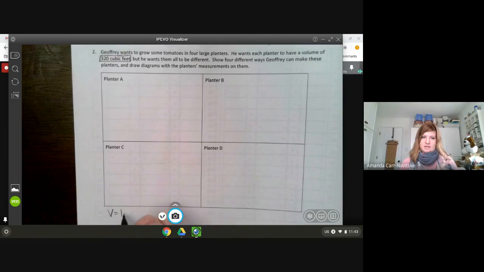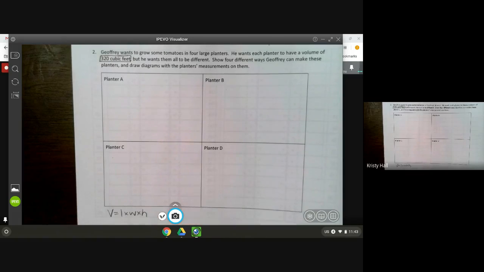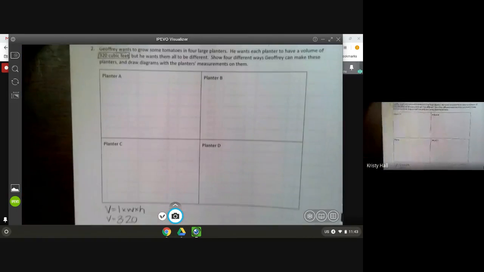Remember that volume is length times width times height. So all of these have to equal 320 cubic feet. And they all have to be different.